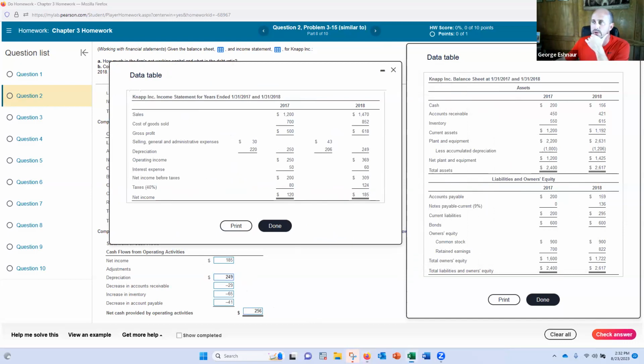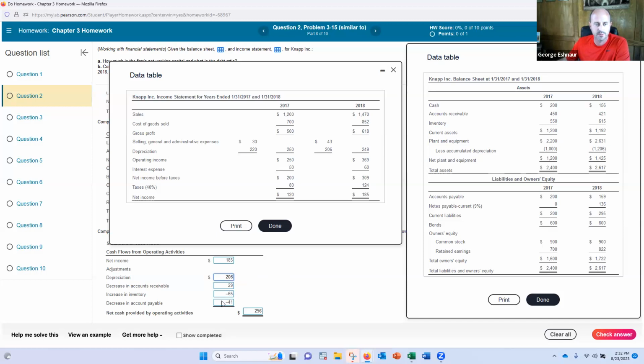Redoing the math here, make sure we're right. This is where I messed up. It is a decrease in AR from 450 to 421. So we actually saw an increase in that because that would have been cash received.